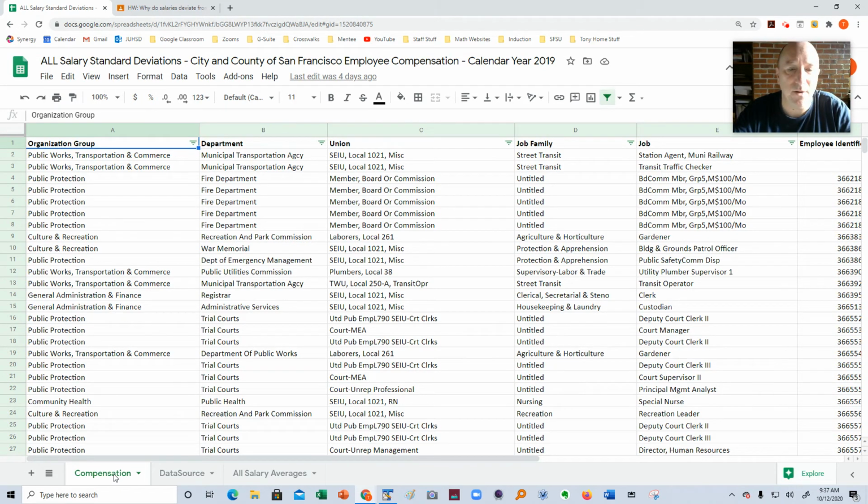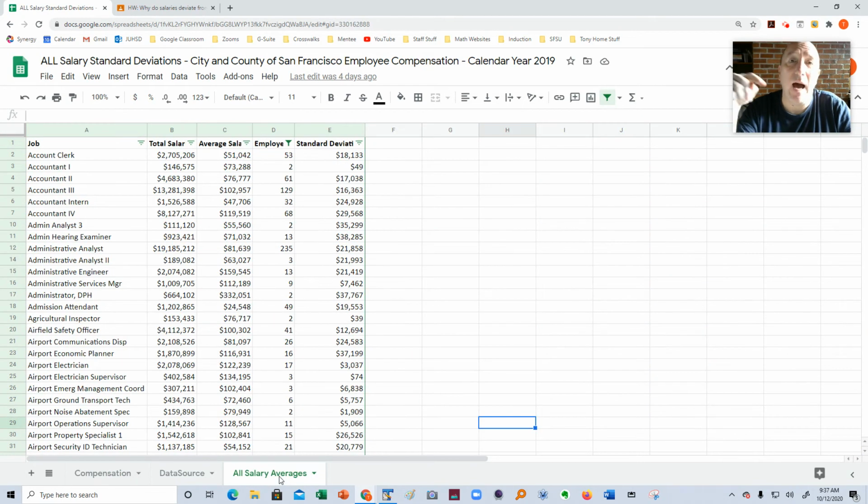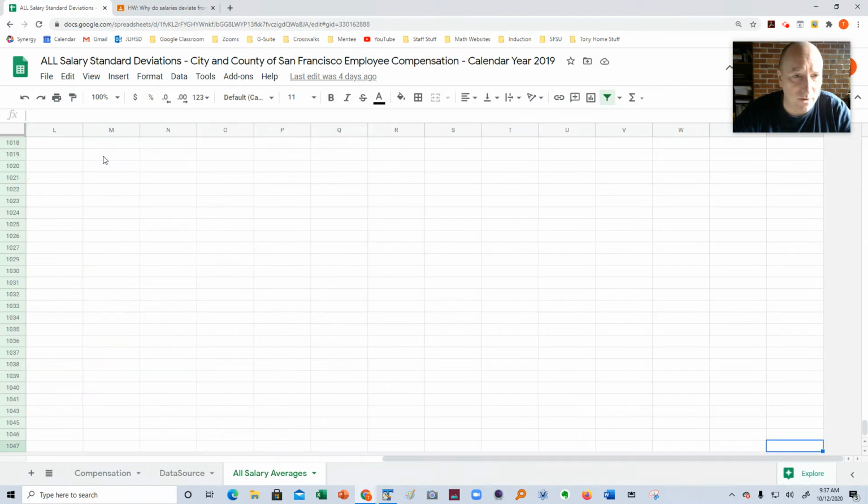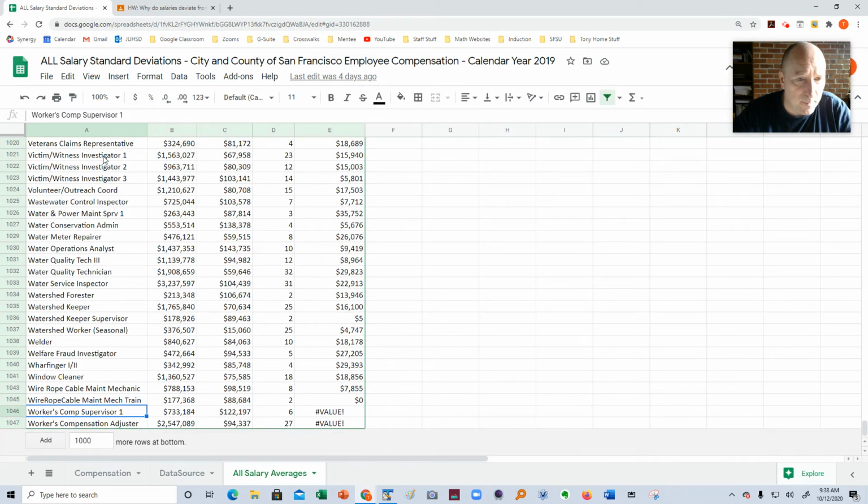The last page, the all salary averages, I actually took the time and figured out what the average salary was for every single city worker in San Francisco. So there they are, all of them, from account clerk all the way down to workers' compensation adjuster. And by the way, if you see #VALUE!, I'm not quite sure what that means here, but I think it means there was a problem calculating the data.